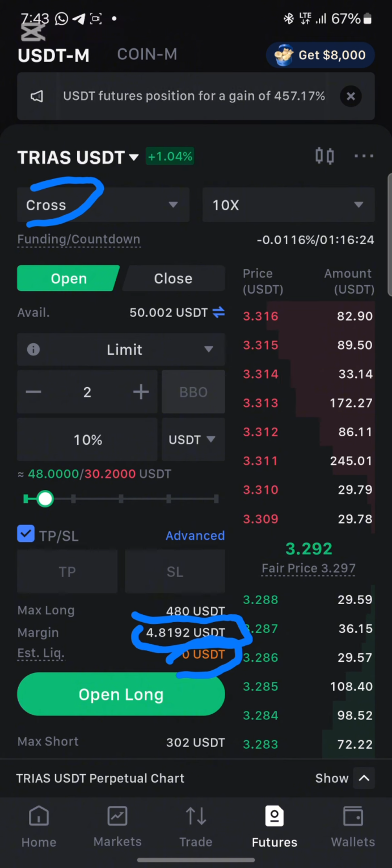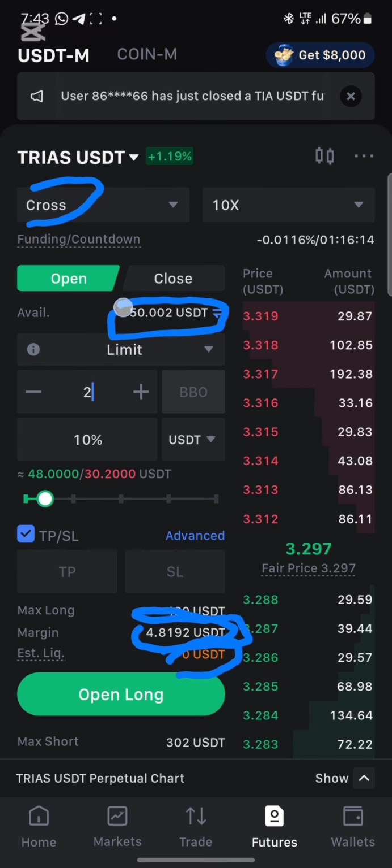So I have 0 liquidation price. It means that if I'm losing in cross margin, you are losing both your margin and the leftover you have in your futures account. Everything you have in your futures account is serving as a backup for your margin.